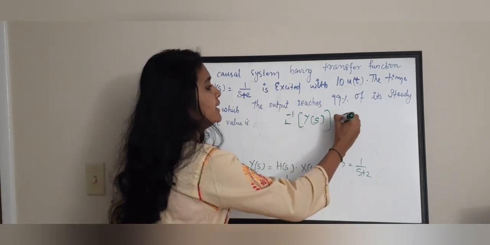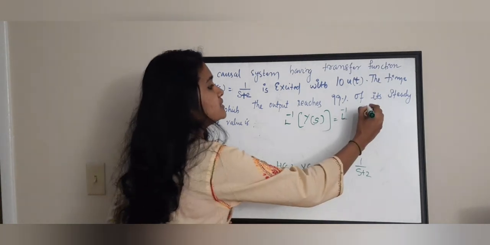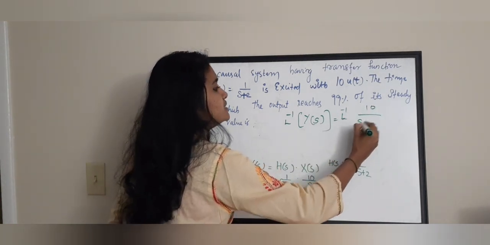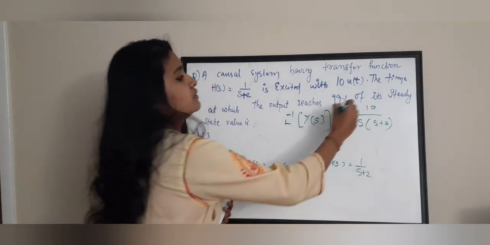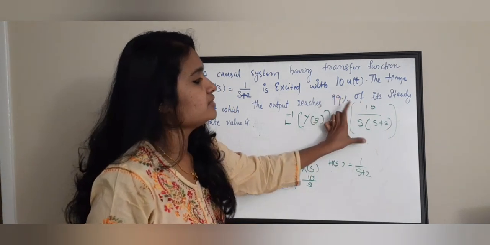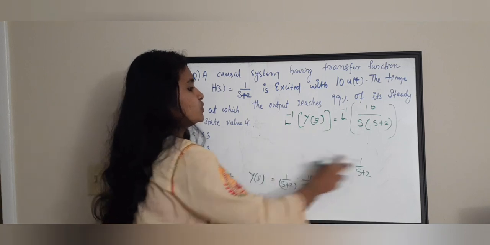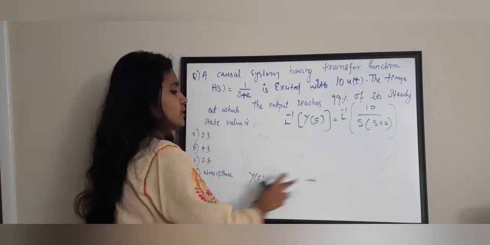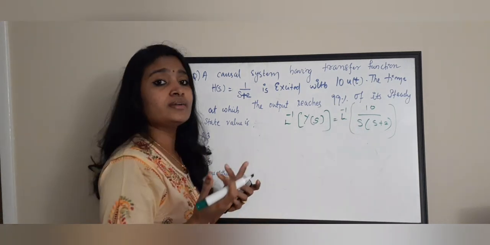So L inverse of 10 by s into s plus 2. In order to find the Laplace inverse more easily, I'm going to split my numerator. So numerator is 10.